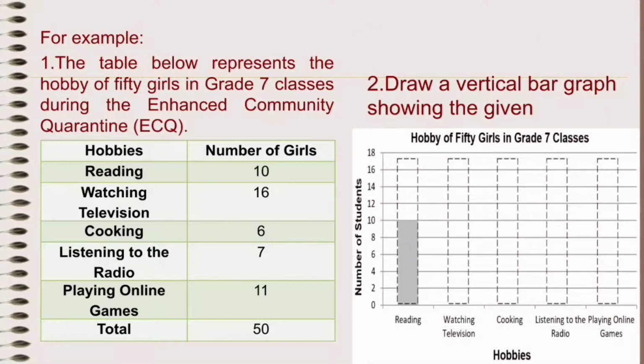Okay. The broken lines of the bar graphs are not the exact numbers. It is just a representation, so you have to shade as the number of girls.